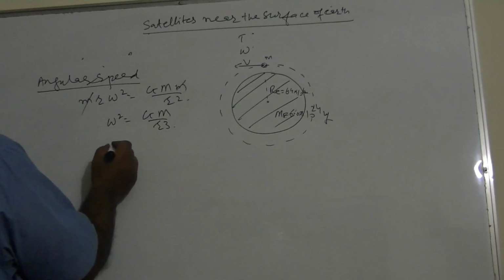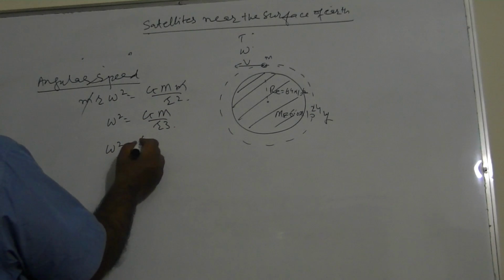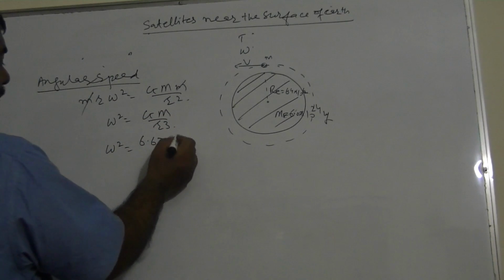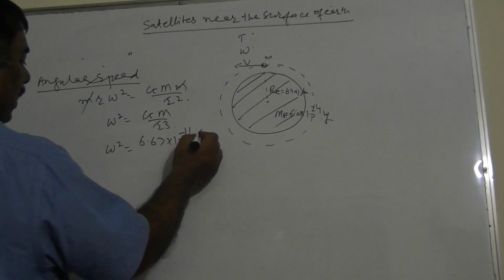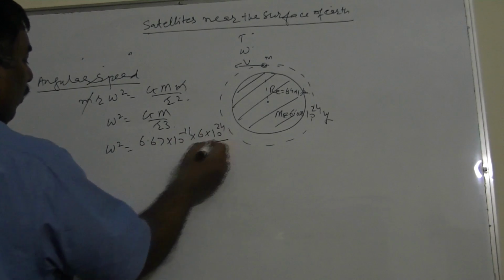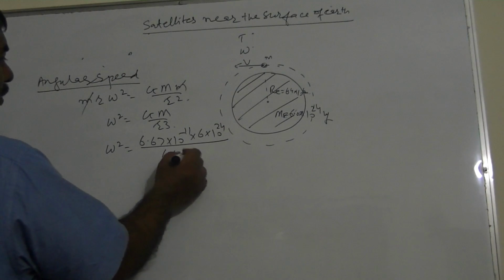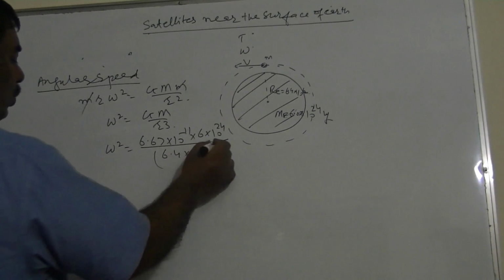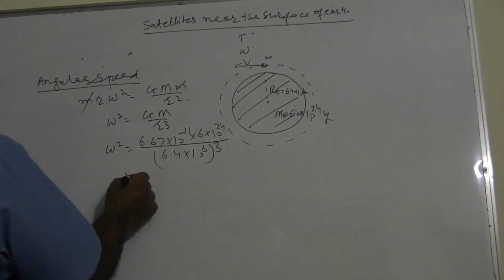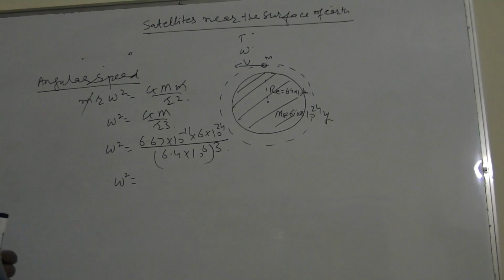Now put the values. G is 6.67 into 10 power minus 11, mass of Earth is 6 into 10 power 24, r cube is 6.4 into 10 power 6 whole cube. Now let us calculate omega square. First you will be calculating omega square, then you will be calculating omega.